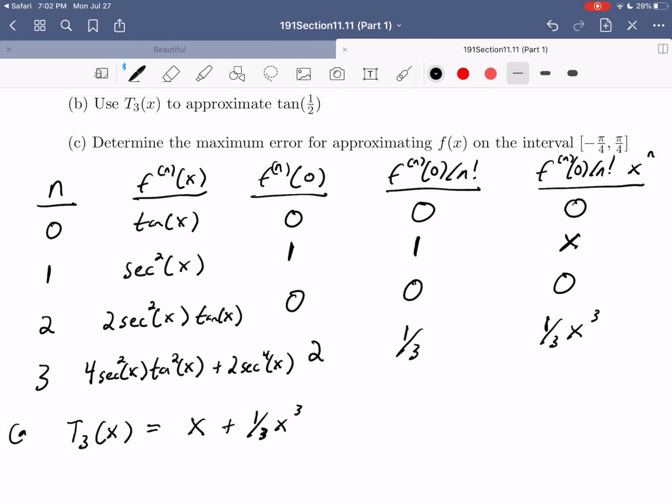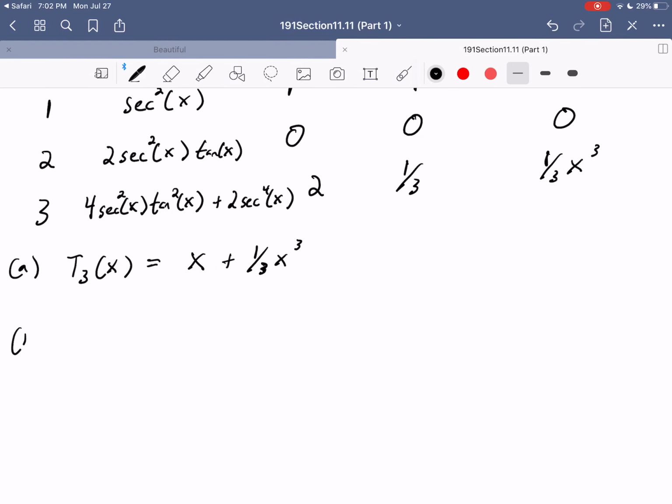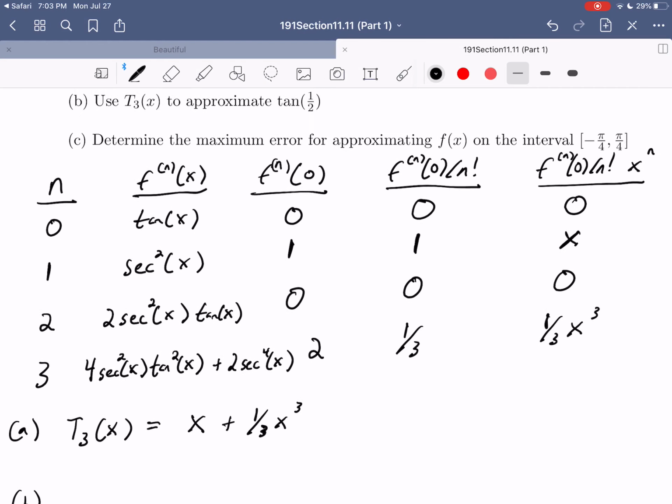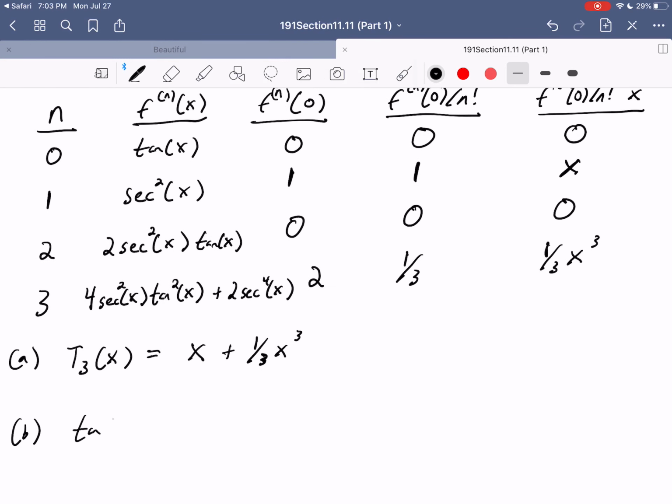So that gave us a here. So for b then, tangent of 1/2 is going to be roughly the same as T3 of 1/2, which should be 1/2 plus 1/3 times 1/2 cubed. Obviously you could just do this by hand, but I'm going to speed it up a little bit.